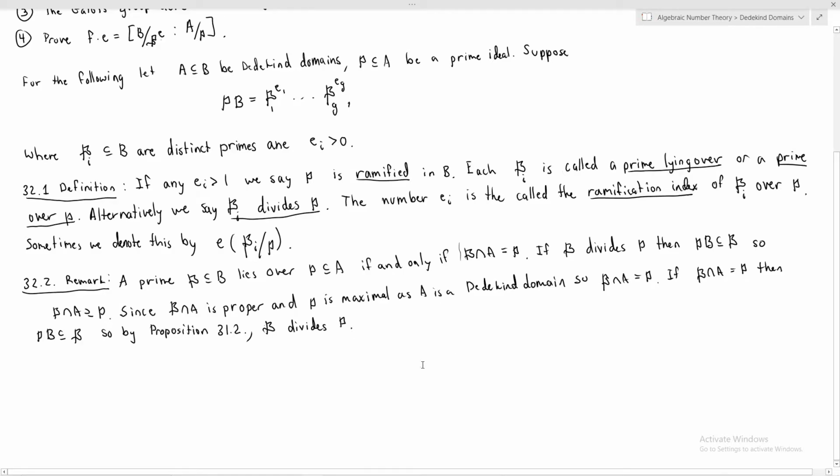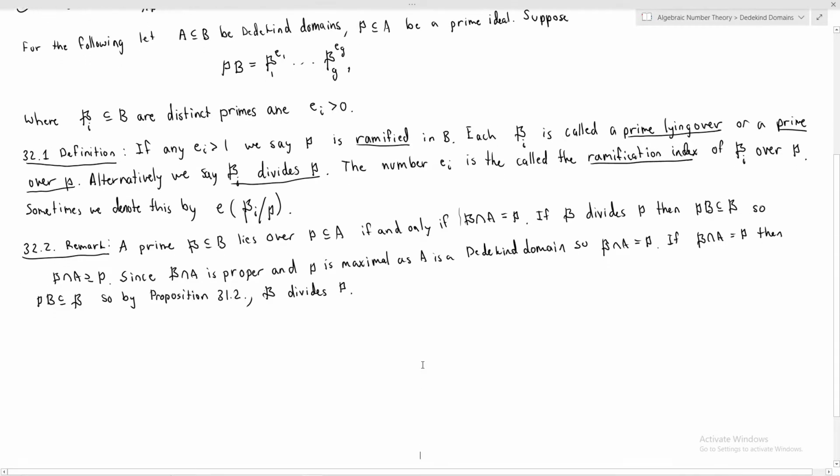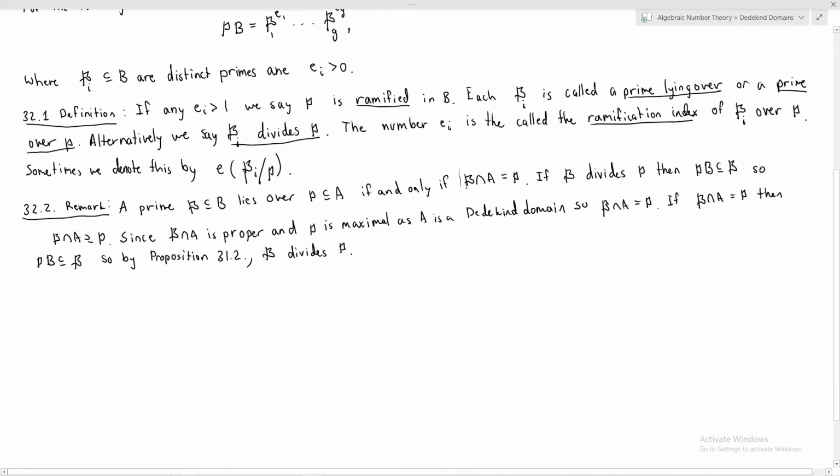So this concept of lying over is really just saying that big P intersect little a is equal to little p.